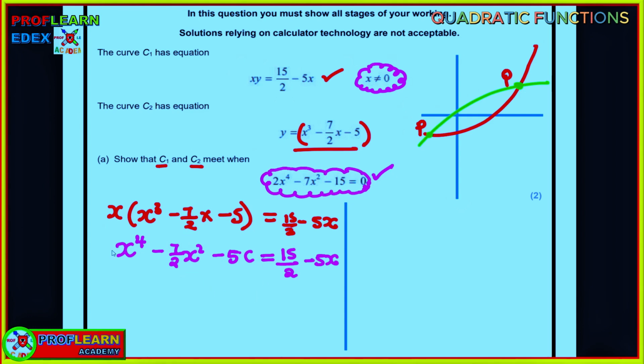We can see there's no fraction. We can multiply all through by 2. In every term, if you multiply by 2, we are going to get nothing other than 2x to the power 4 minus 7x squared minus 10x is equal to 15 minus 10x.